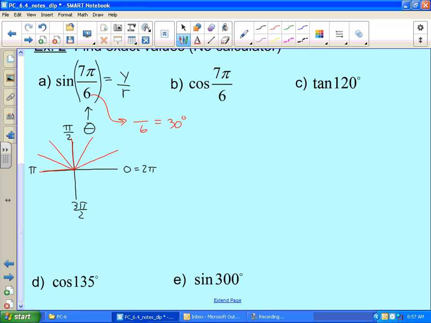So pi, in terms of sixths, is the same thing as 6 pi over 6. Here's the first pi over 6, and the second pi over 6, and the third pi over 6, and so on until we work our way around here.